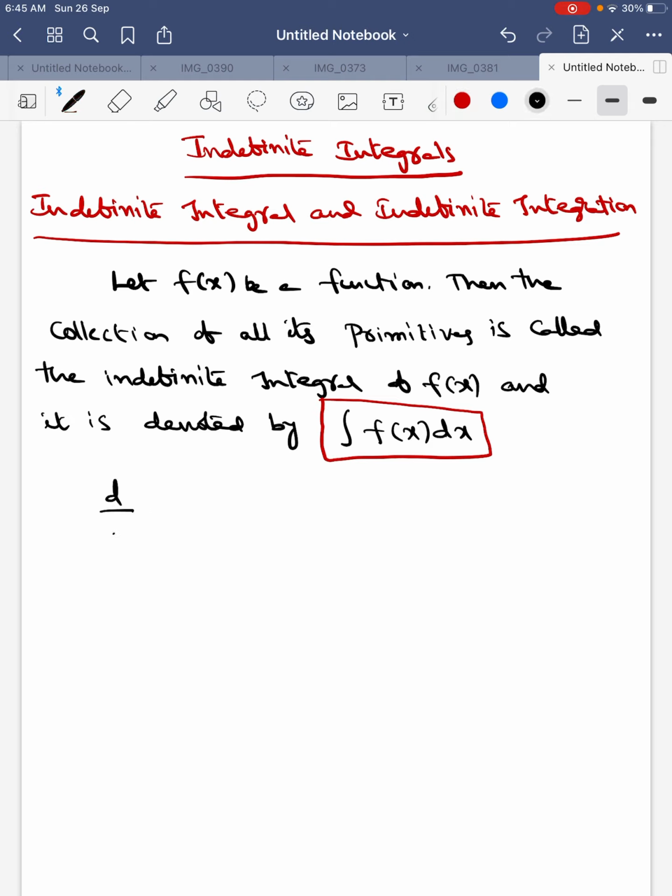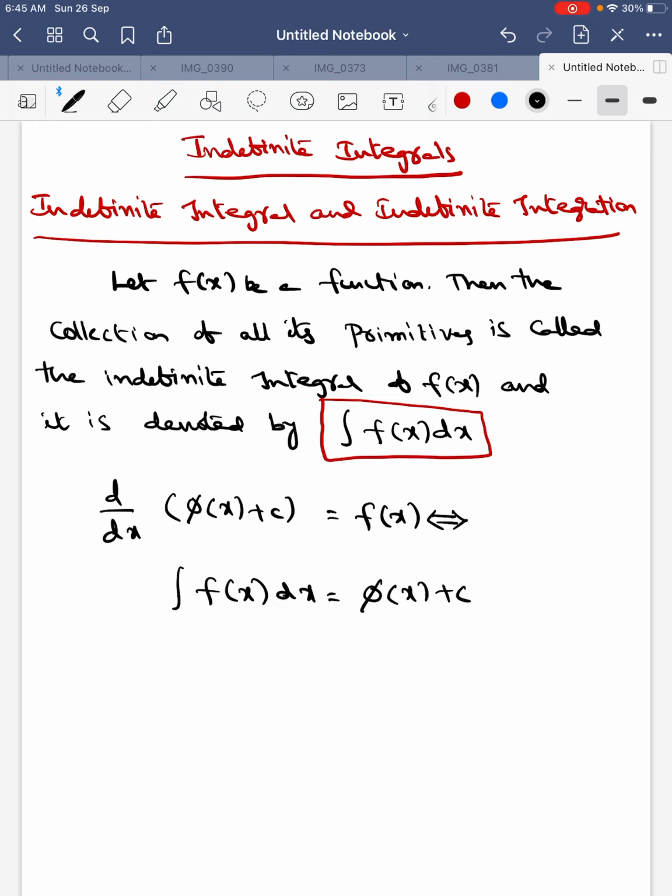Therefore, d by dx of phi of x plus c is equal to f of x. That implies integral f of x dx is equal to phi of x plus c.